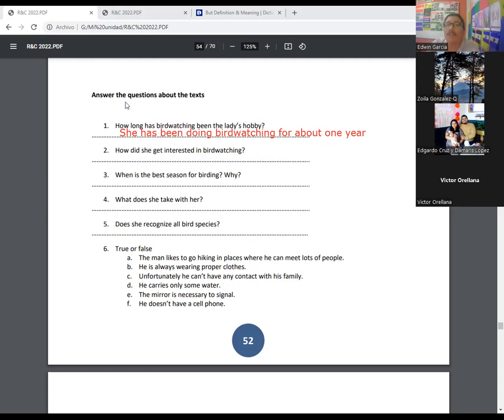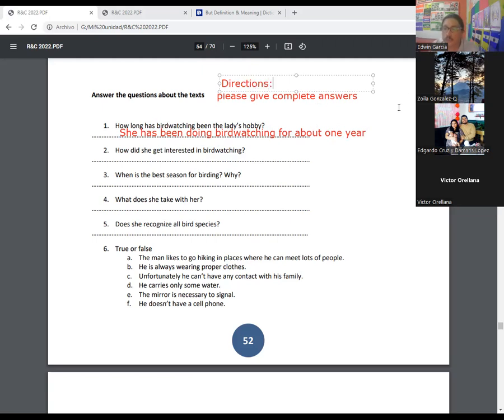But thinking about the direction, if the direction, for example, says to us, please give complete answers, that means that we have to write something like this. But if the direction says, hey, you can use short answers, you can say just about 1 year, and it's correct. But we have to pay attention to directions every time, okay?